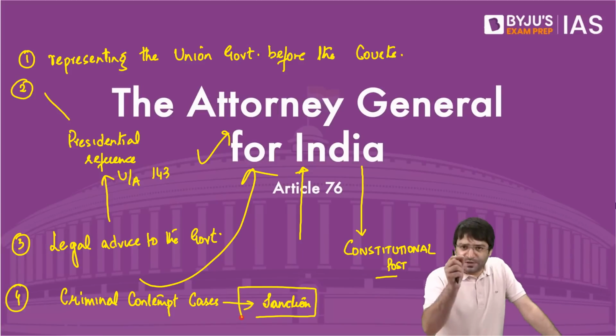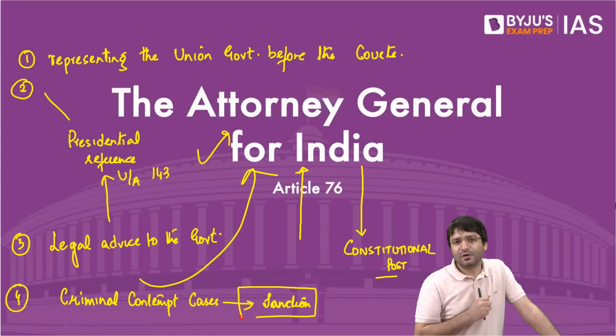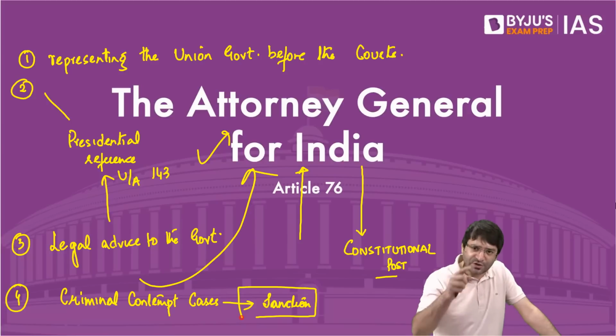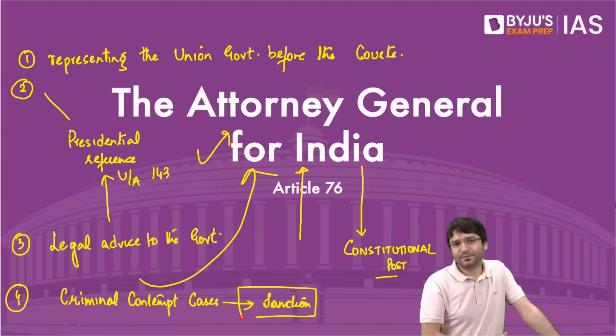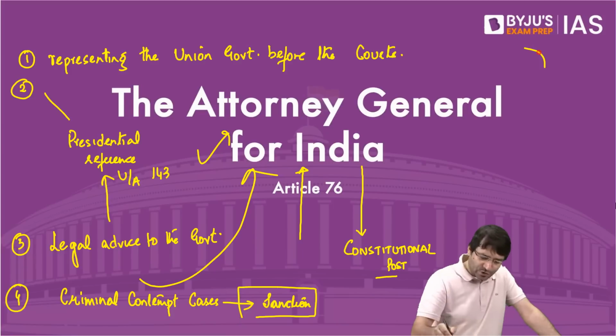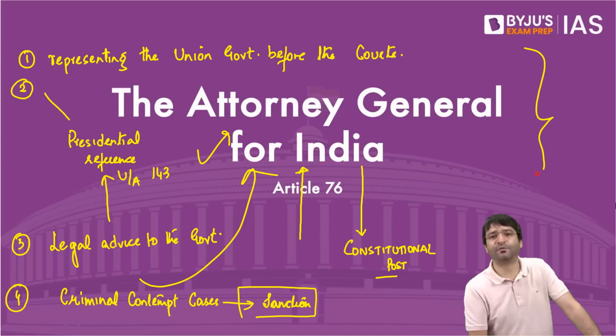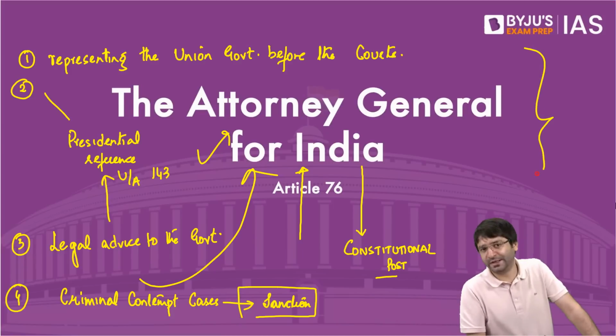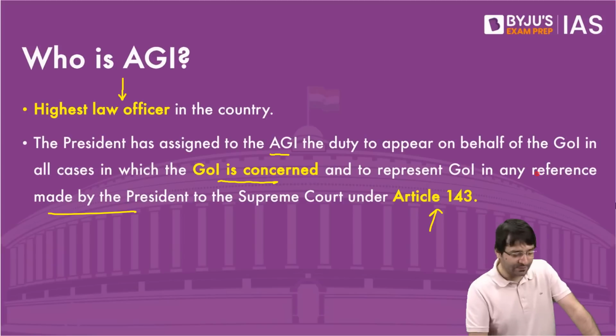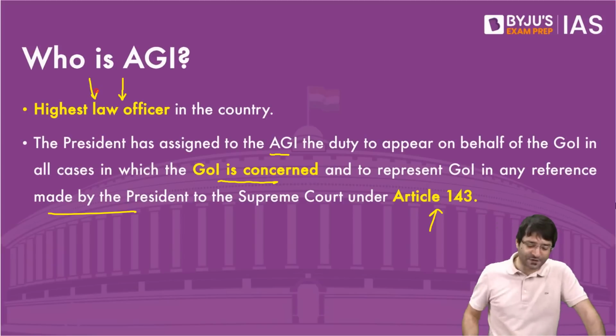For example, if you have to file a criminal contempt case against somebody, for that you have to approach the Attorney General. If the Attorney General gives you sanction, only then you can approach the court. These are the four broad roles and functions performed by the Attorney General for India. And that is why we call him the highest law officer in the country.